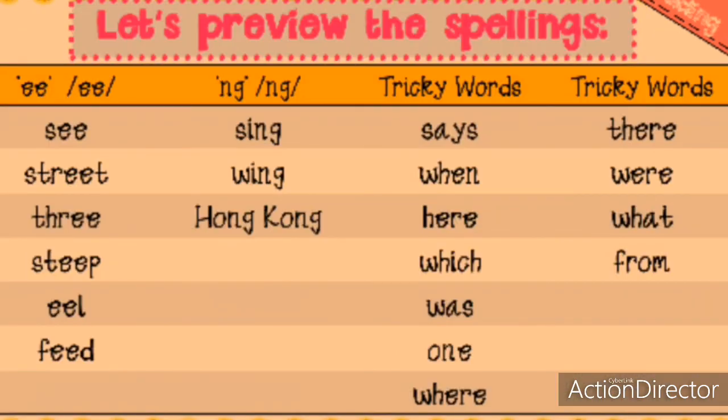Now let's review the spellings in the words that we will see in the story. First, we have the words with the E sound, like sea, street, tree, steep, eel, feed.